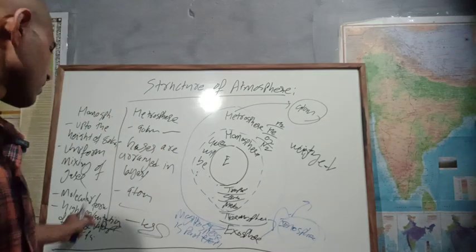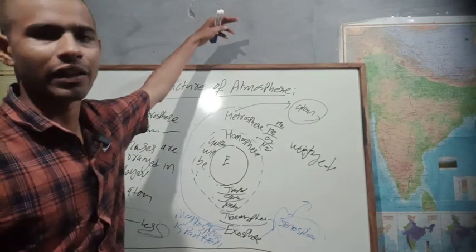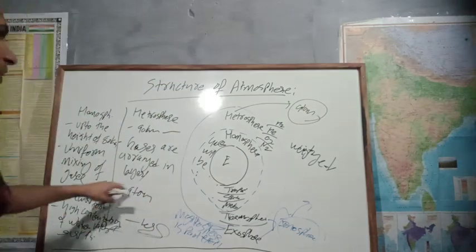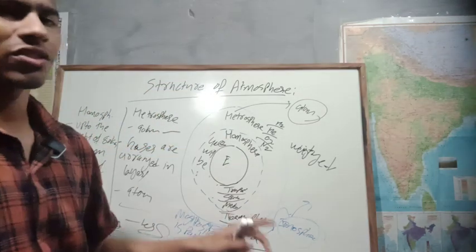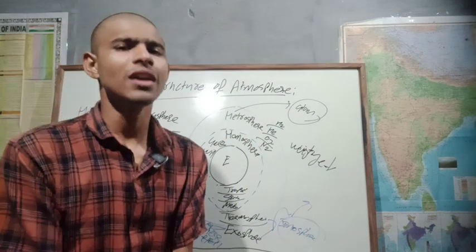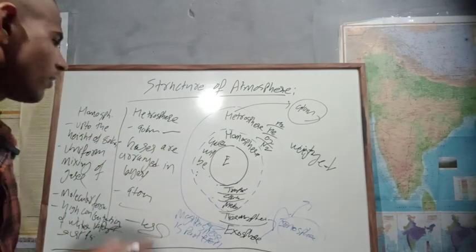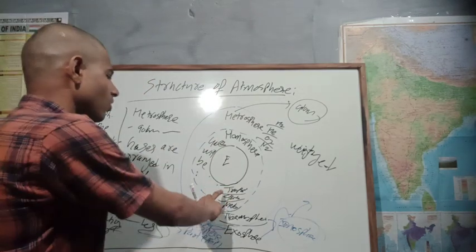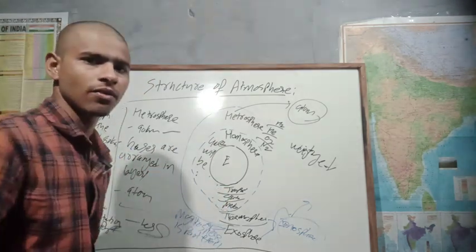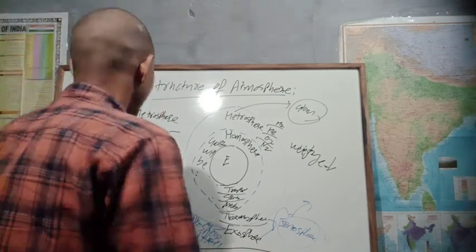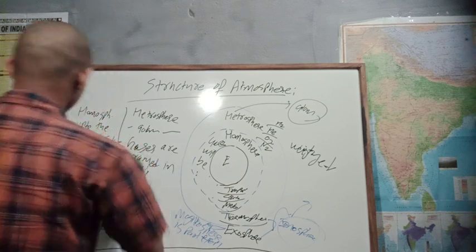In the homosphere the concentration of water vapor and dust particles will be high, and here it will be less. Now we're going to discuss each one of them in detail.